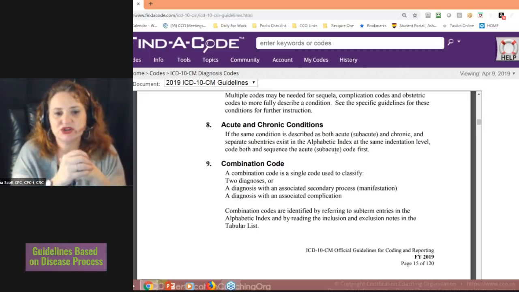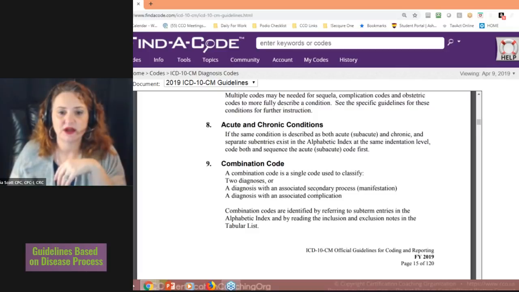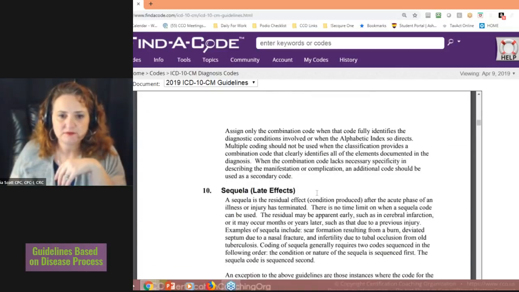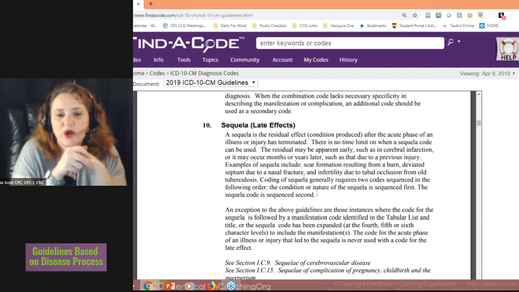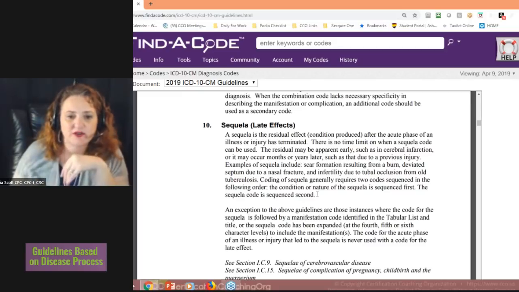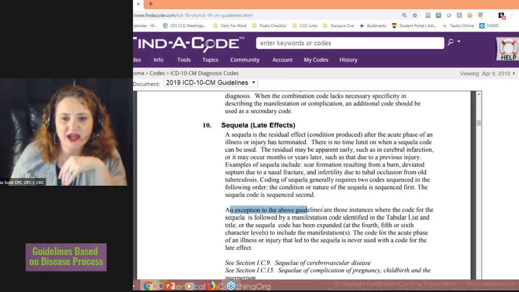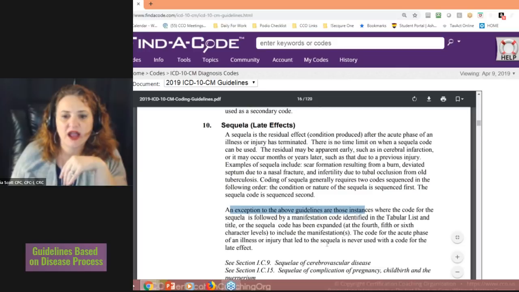And that kind of leads into combination codes, right? How they work. Now, let's talk about sequelas. That's a late effect. Sequelas are not listed first, but notice right here, there's an exception to the above guidelines, and that is if the sequela is followed by a manifestation code identified, okay, and the code to the acute phase of the illness or injury that led to the sequela is never used with the code of the late effect.